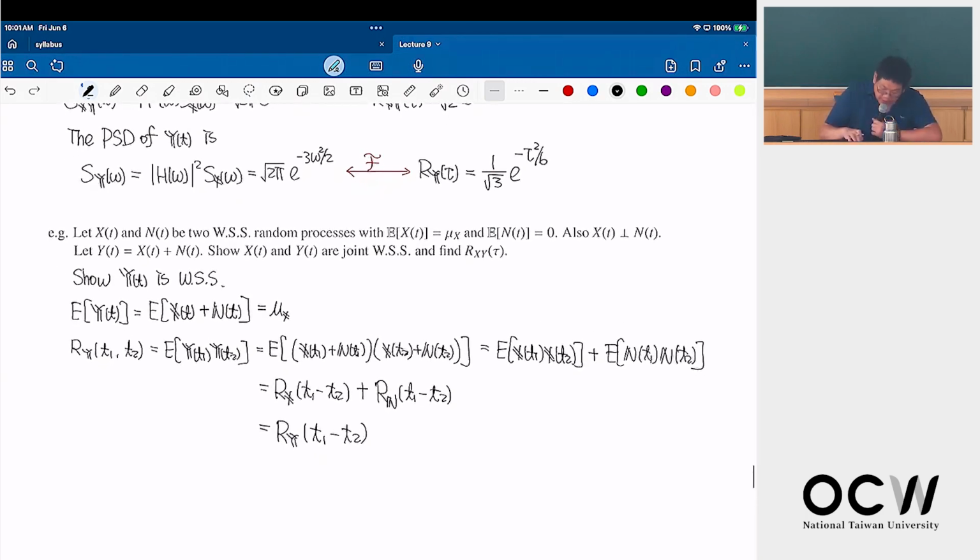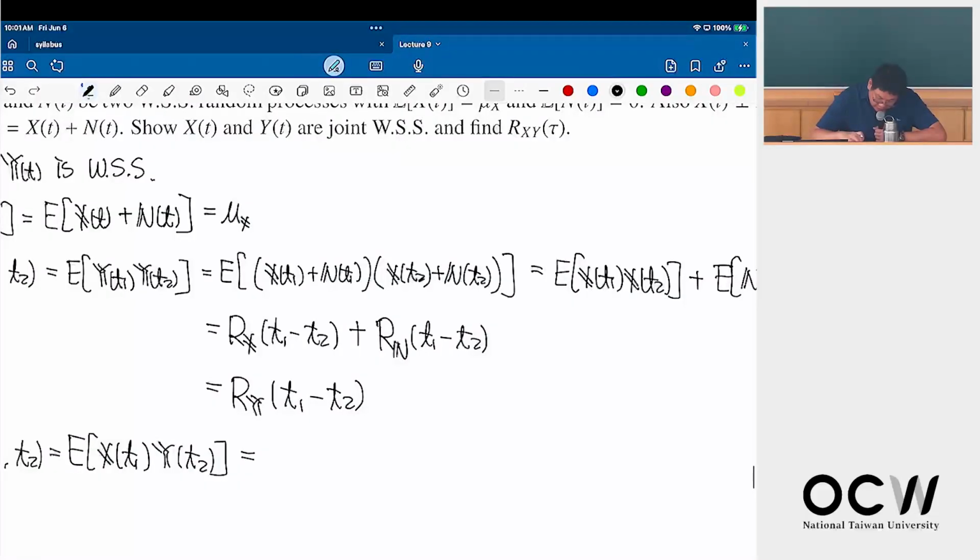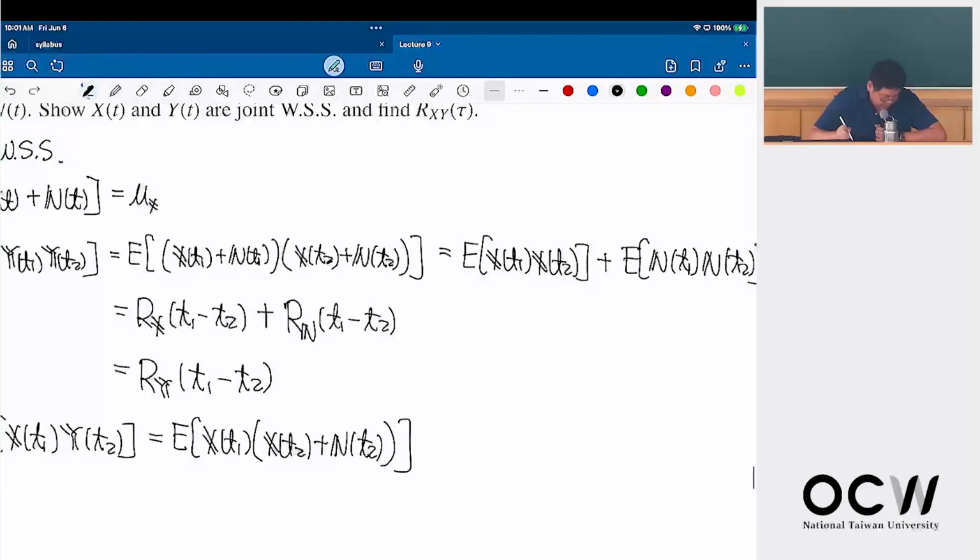So they are xy t1, t2. So x will correspond to t1, y will go to t2. And y is x plus n. So here we have x t1 times x t2 plus n t2. They are independent and the mean of n is 0.